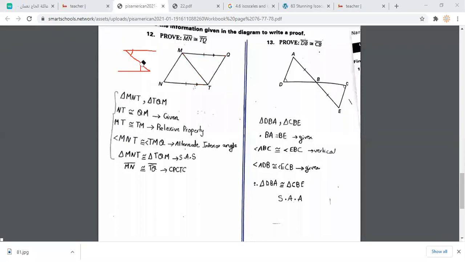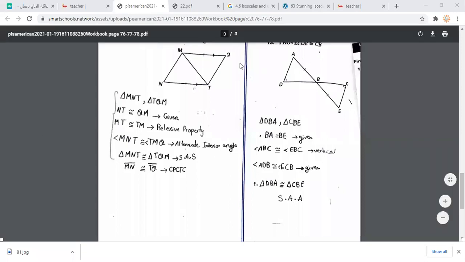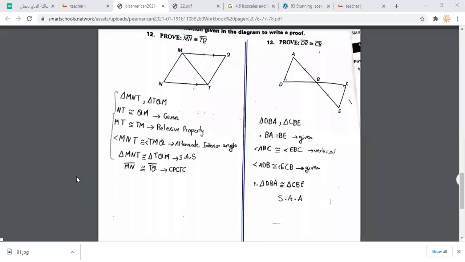So if we want to prove that QT is congruent with MN, we have to determine the two triangles which we can prove are congruent. Then in this question, we are going to work with QMT and NTM.